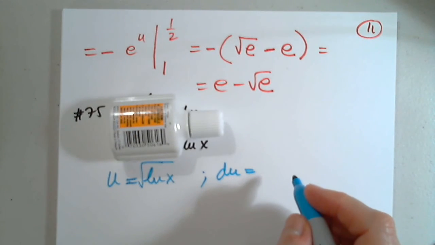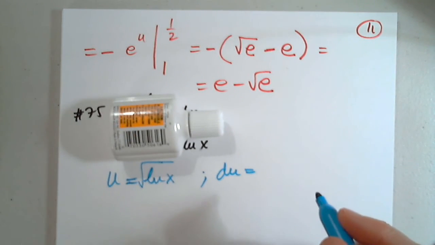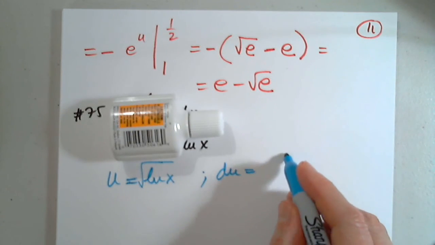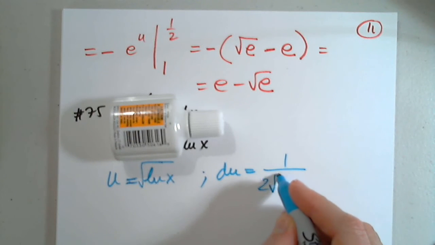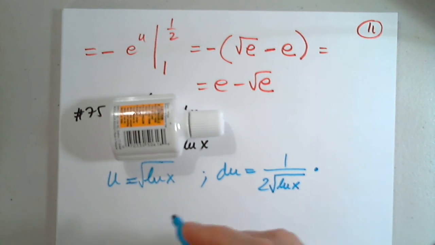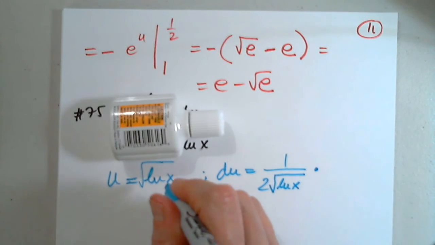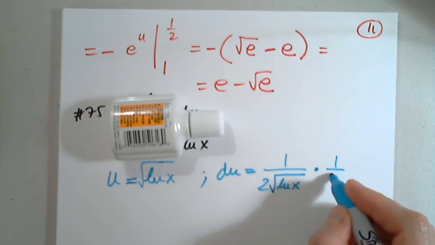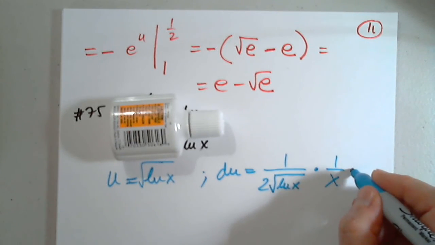Is it 1/2 ln x to the negative? Oh, yeah. So 1/2 the square root times the inner function prime, 1 over x. Excellent. What else?